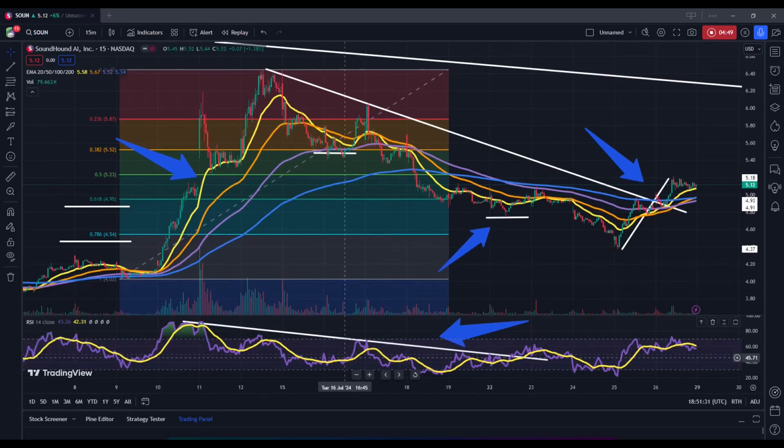If we drill in here a bit, we can see that these longer term declines were signaled by the reading in the relative strength index. That's this purple line at the bottom of the chart. As we can see here, the share prices really started to lose upside momentum during the July 12 trading session.